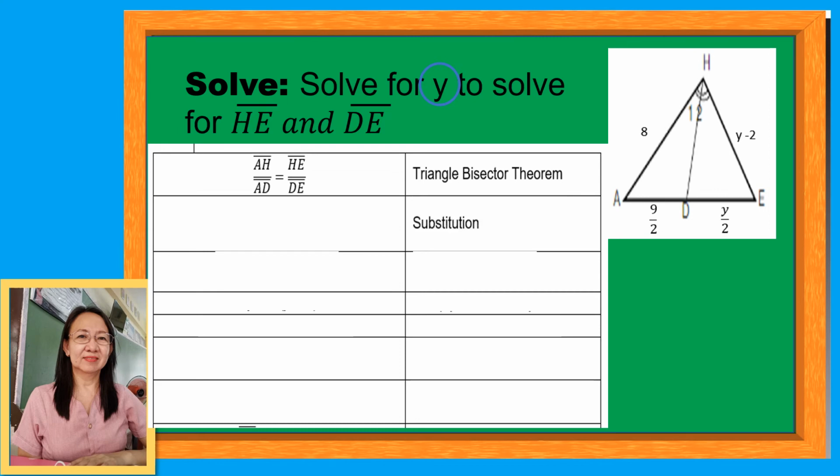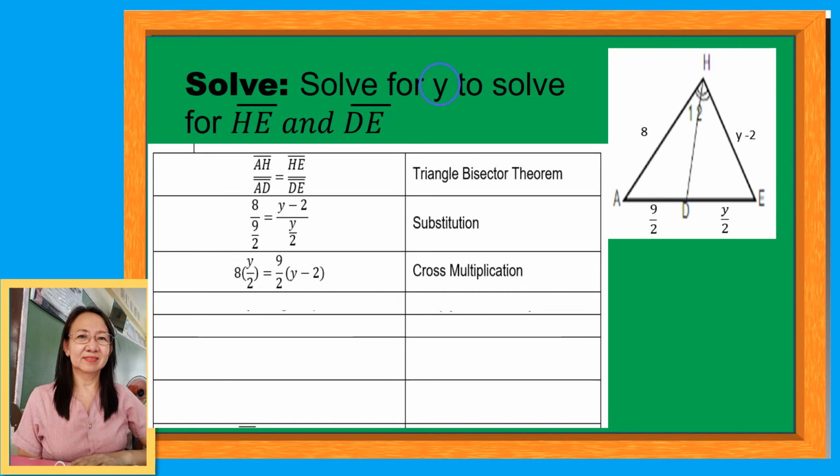Then by substituting the values, we have AH is equal to 8, AD is 9 halves, HE is y minus 2, and DE is y over 2. Then by cross multiplication, we have 8 times y over 2 is equal to 9 halves times y minus 2.